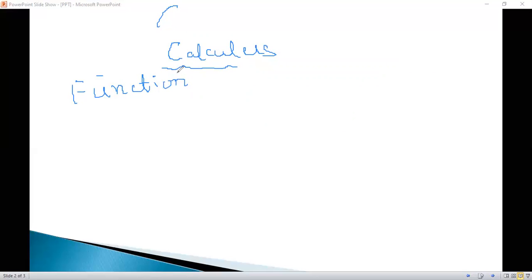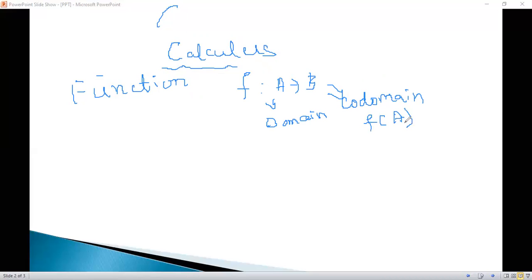A function is nothing but some mapping from one set to another set, f from A to B. Here A is the domain and B is the codomain of a function, and the range of the function will be f of A, which is a subset of B.